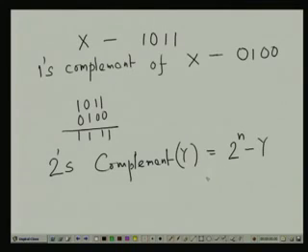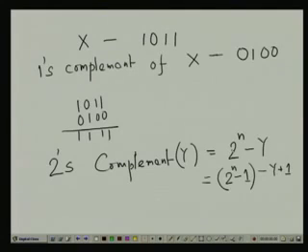So, we can write it in this way: 2 to the power n minus 1, minus y, plus 1.